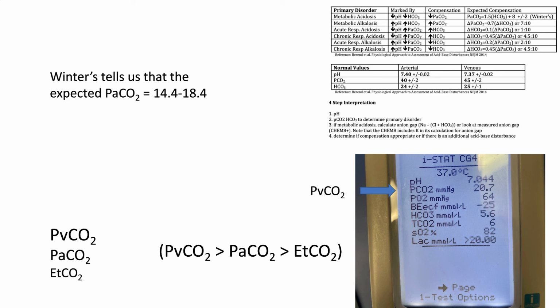Remember that Winters tells us what the arterial CO2 should be in a spontaneously breathing patient. You guys have all seen patients with metabolic acidosis. They tend to breathe deeply and they tend to breathe quickly. They are undergoing, though, negative pressure ventilation. Every time they inhale, they are creating negative pressure in their chest, which promotes venous return to the right side of the heart, which promotes Q. Q means pulmonary perfusion.